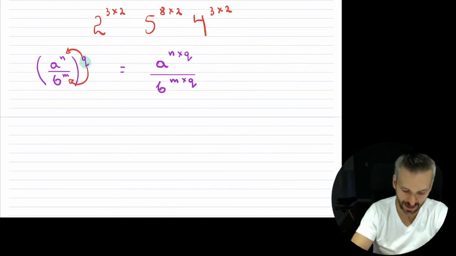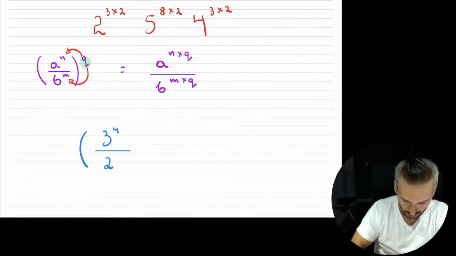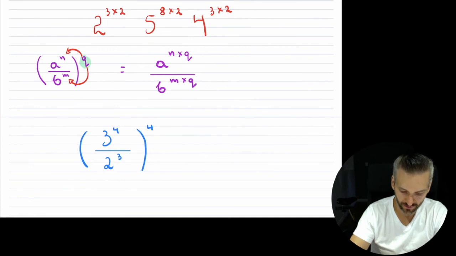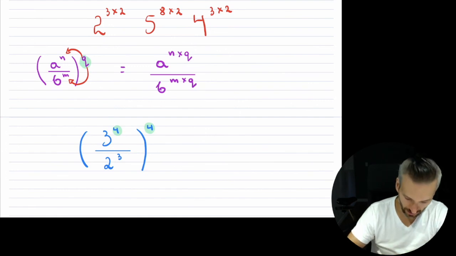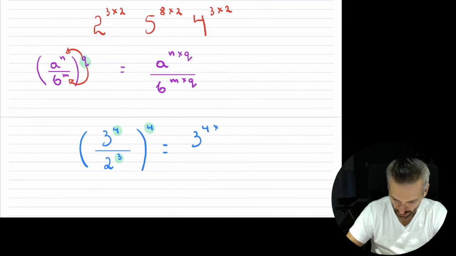So in terms of an example, you would have, for instance, 3 to the 4 divided by 2 to the 3, and then let's say this is raised to the 4 here as well. So now you're going to be distributing, so this is 4 times 4, and then 4 times 3. So this is 3 to the 4 times 4, divided by 2 to the 3 times 4.